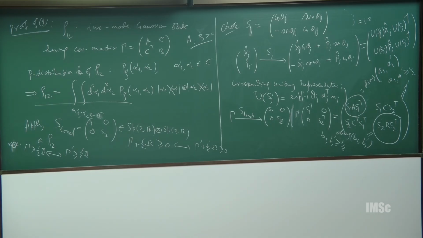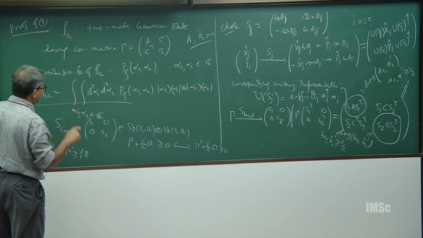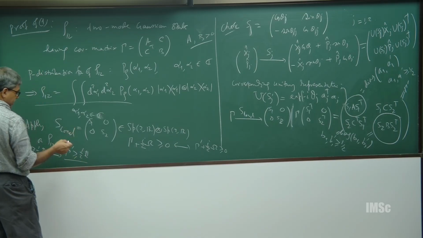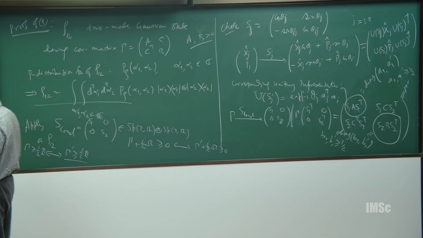Now, what I would like to prove is that if the original state is classical, then this is the case, and vice versa. If this is the case, then the original state is also classical. So, that is what we are going to prove.